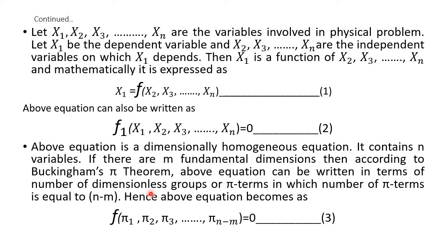We are converting dimensional terms into dimensionless terms. Here I am just explaining theoretically. Once we go to the example, you will understand this in a better way, and it is the easiest step. You can easily do it provided you remember the dimensions of all the physical quantities. Our pi terms will be pi 1, pi 2, pi 3 up to pi n minus m.